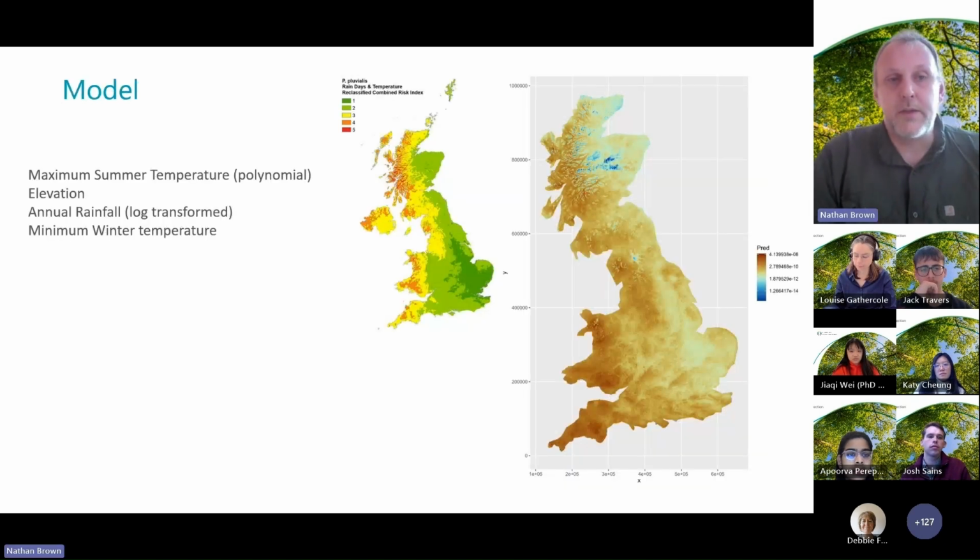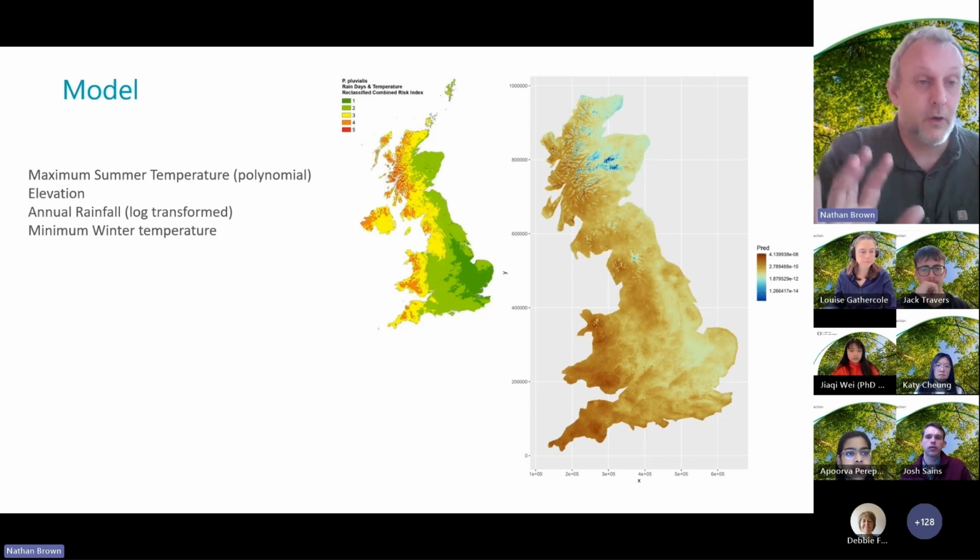So we can then conduct similar modelling to the ash dieback modelling, and here we find summer temperature very important, the role of elevation, annual rainfall also important, but here minimum winter temperatures come out and really are the factor that helps balance out the model. So not something we're necessarily expecting to find, but I think it makes sense in terms of spore survival between years.